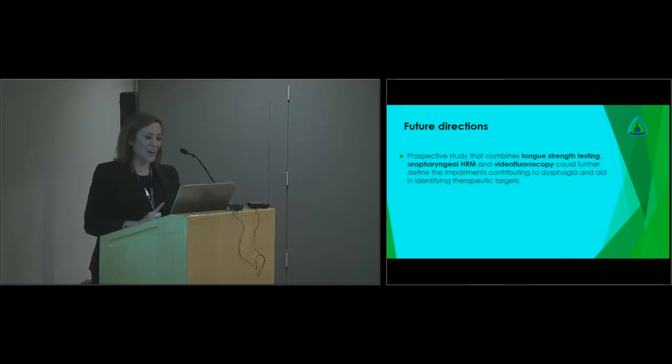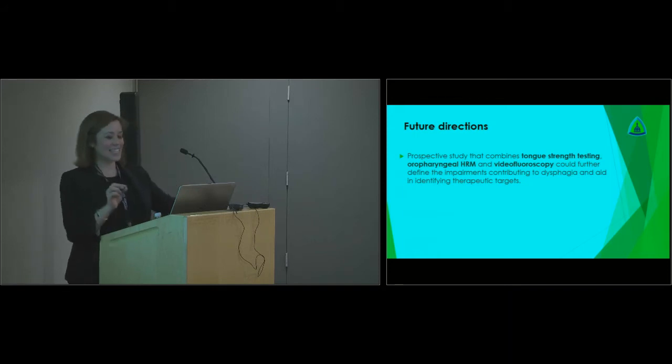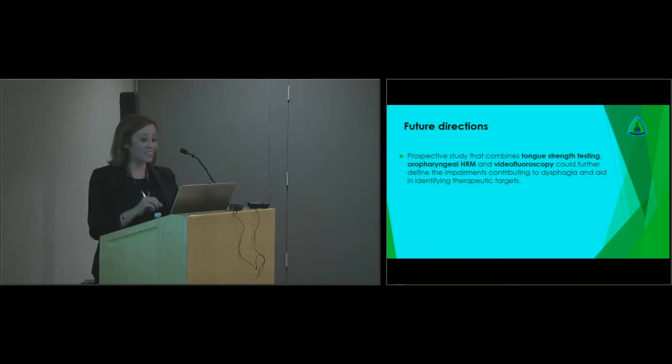We would like to have, at some point, a prospective study that would combine testing the strength of the tongue and the oropharynx by using HRM, high-resolution manometry, just like they use for esophageal motility disorders. We can bring that probe up and measure the pressures being generated at the area of the oropharynx.